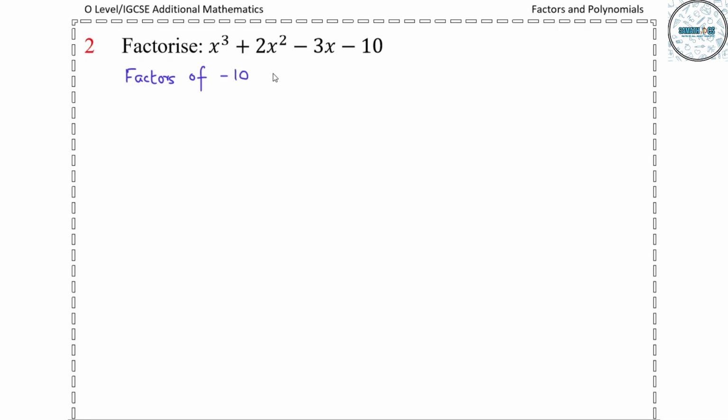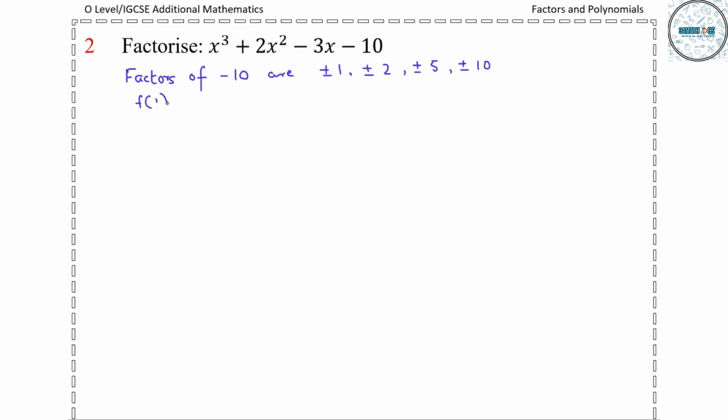So the factors of minus 10 are plus minus 1, plus minus 2, plus minus 5, and plus minus 10.